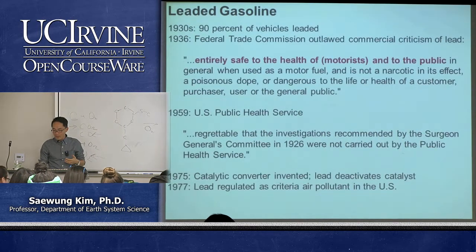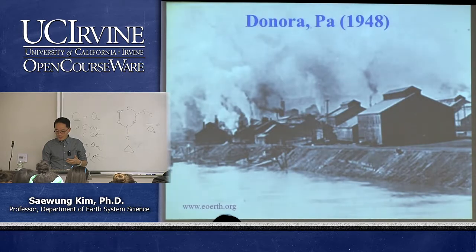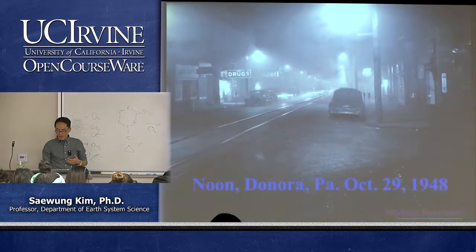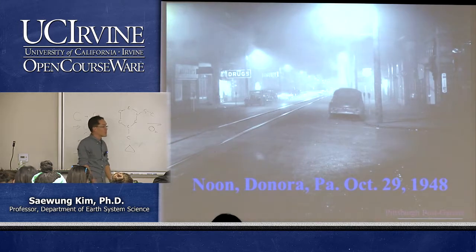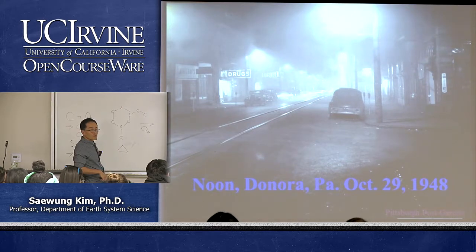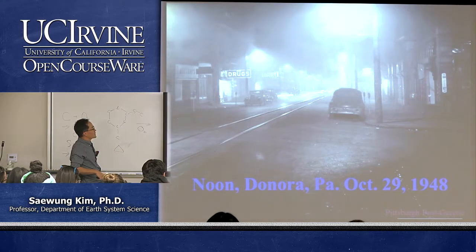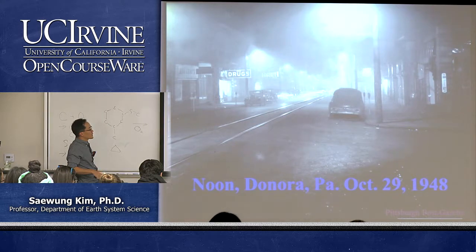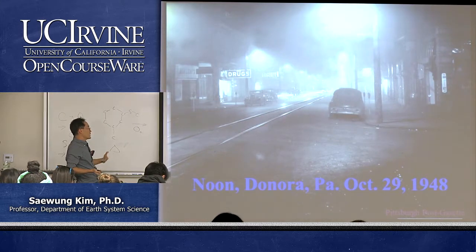So we discussed this, and this is Pennsylvania in 1948, the same thing. And this is a kind of striking photo. All the lights are lit up. You may think this is night, but this is actually noontime in Pennsylvania. This is October again, late October.